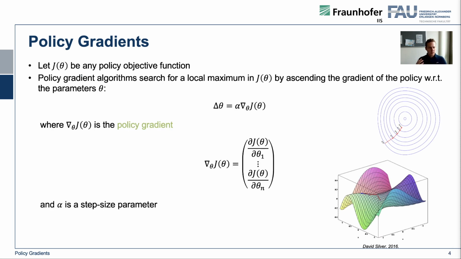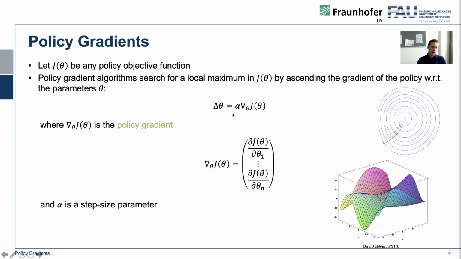Some digression first, on how a gradient is defined, and also some notation. Let J of theta be some policy objective function. Policy gradient algorithms want to search for a local maximum in our objective function by ascending the gradient of the policy with respect to the parameters theta.